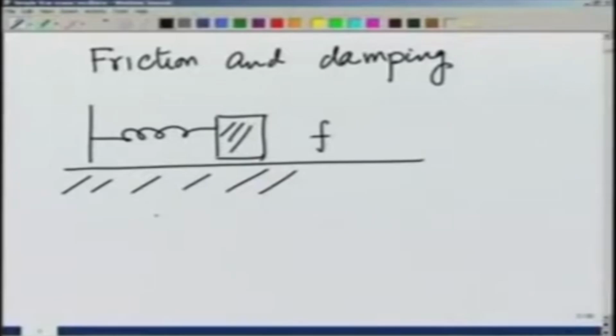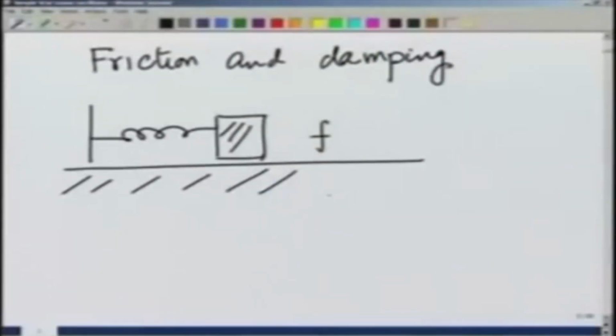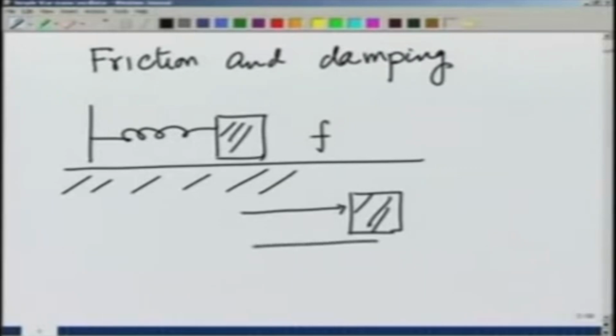So, if I write the equation of motion, I will have to be careful because the frictional force changes direction according to how the block is moving. Let us first take the case when I stretch the block out and let it go inside. I will now focus on the motion as long as it keeps moving this way and comes to a stop after compressing the spring by this amount.